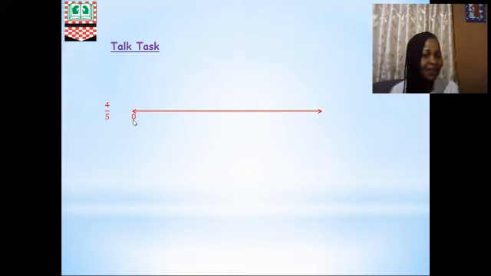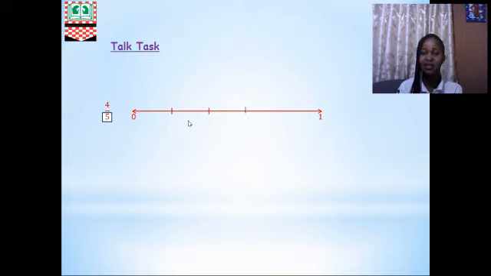And the next step is what? I can't hear you. 1. Very good. Now what do you look out for next? The next thing to look out for is your denominator or numerator? Which of them? Denominator. So since our denominator is 5, we need how many different parts on this line?